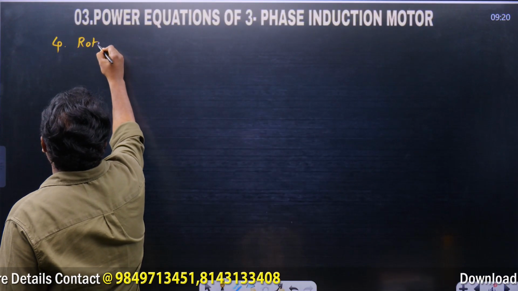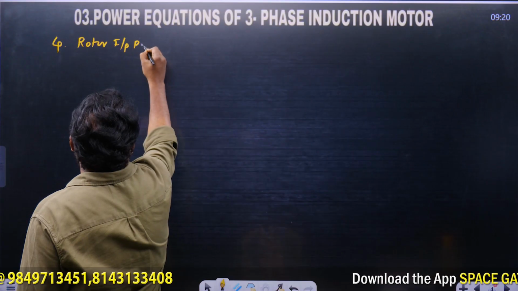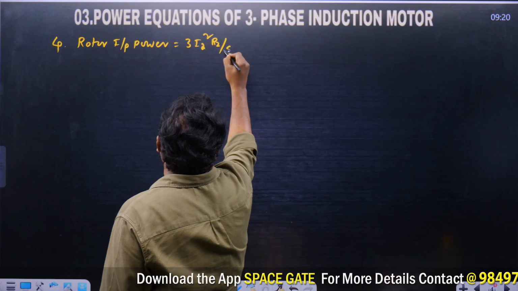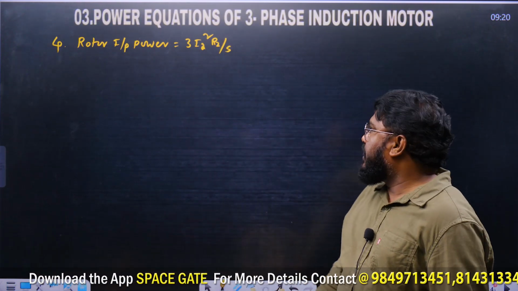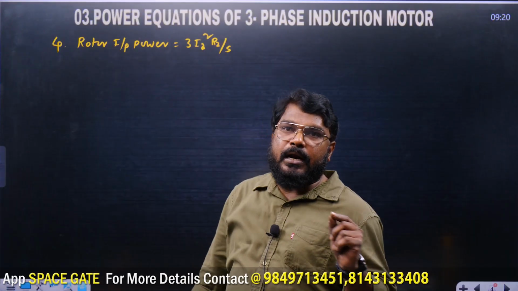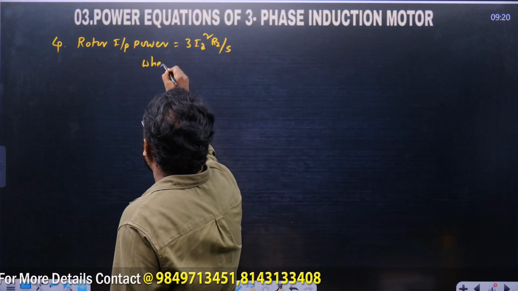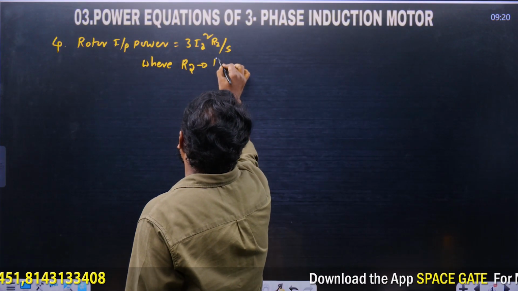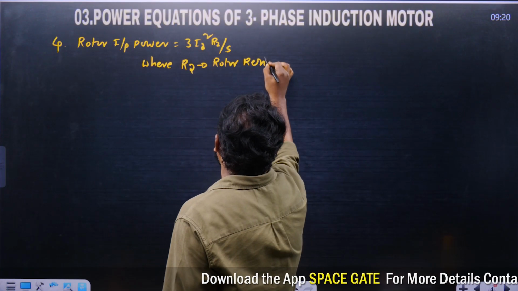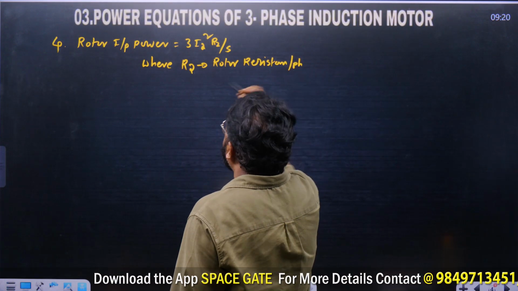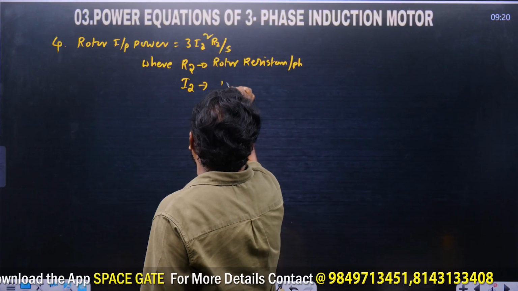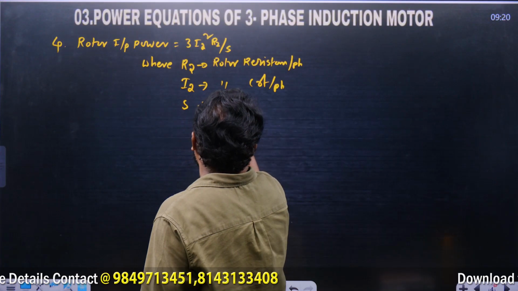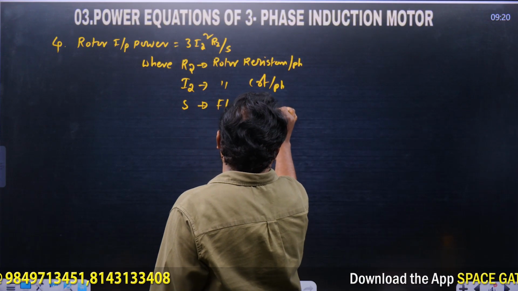Rotor input power is equal to 3 I2 square R2 by S, where I2 is the rotor current per phase, R2 is the rotor resistance per phase, and S is the full load slip of the motor.